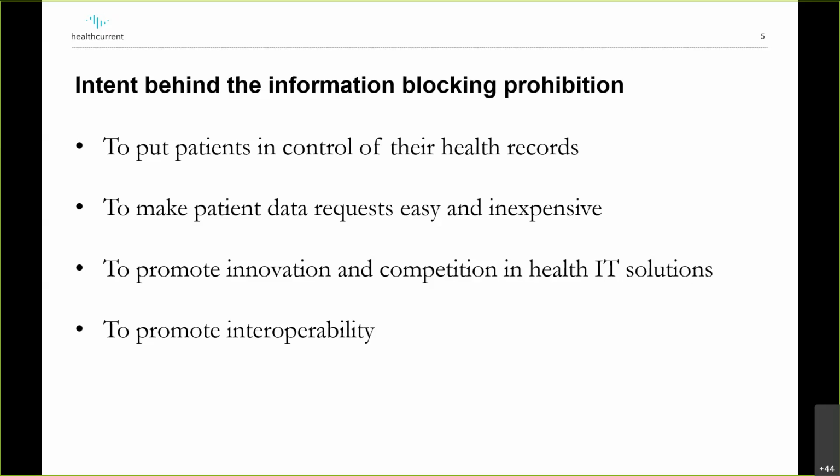And then probably most importantly for HIEs, to promote interoperability, to allow EHI to move freely if it's permissible under the privacy laws.